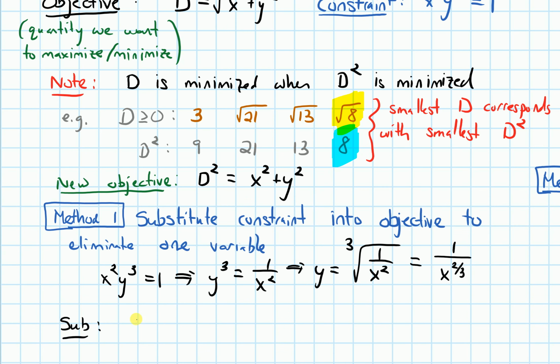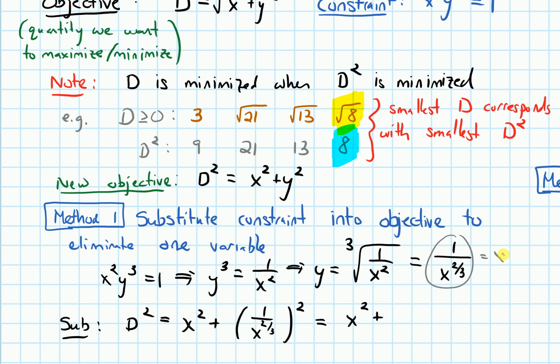So we get d squared equals x squared plus y squared. Y I know is 1 over x to the 2/3, so let's substitute that in. We get 1 over x to the 2/3 being squared. I still have x squared in the front, and then plus 1 over x to the 2/3 squared.